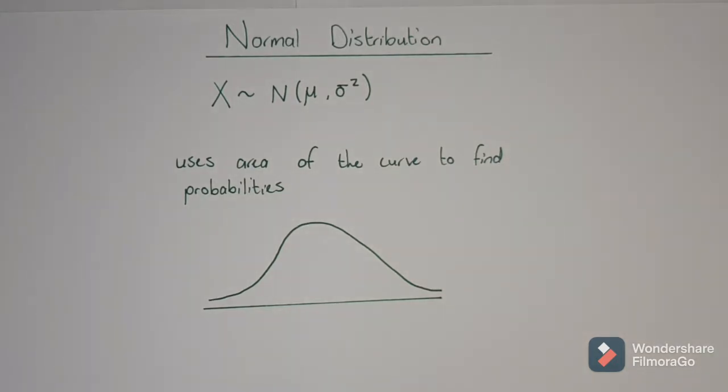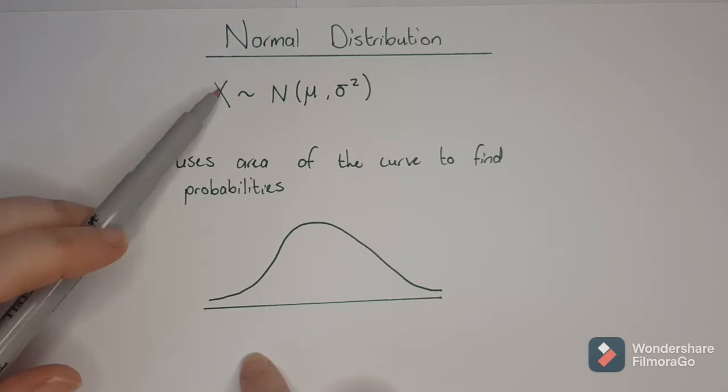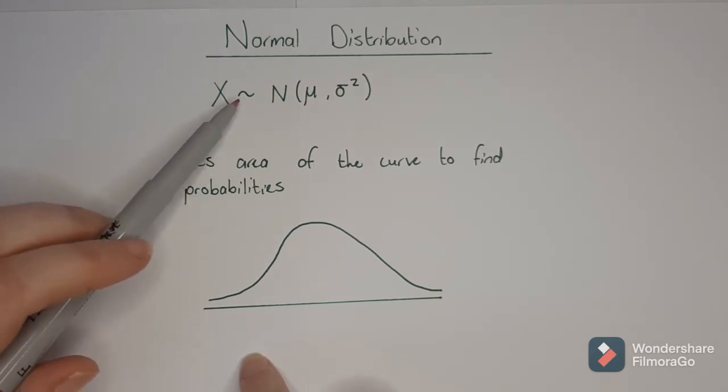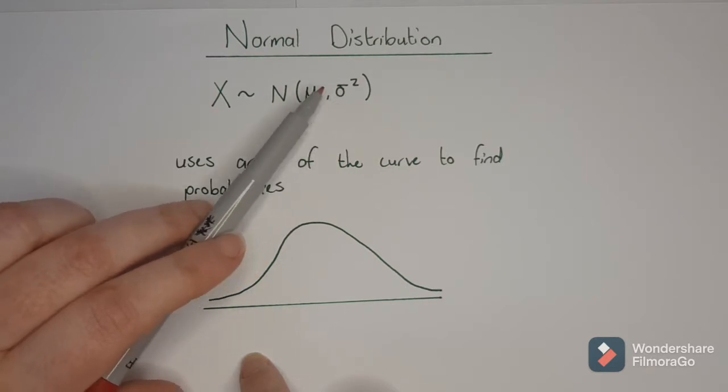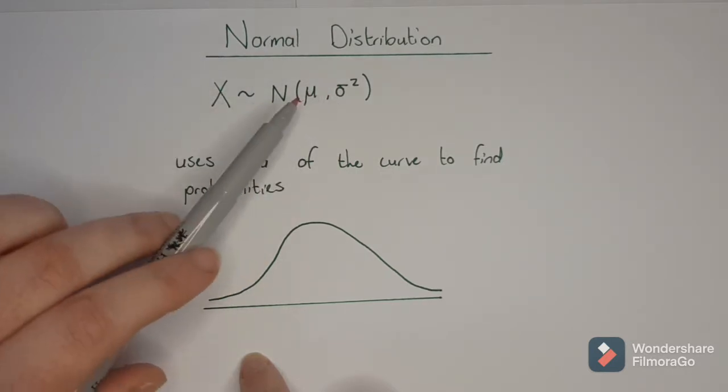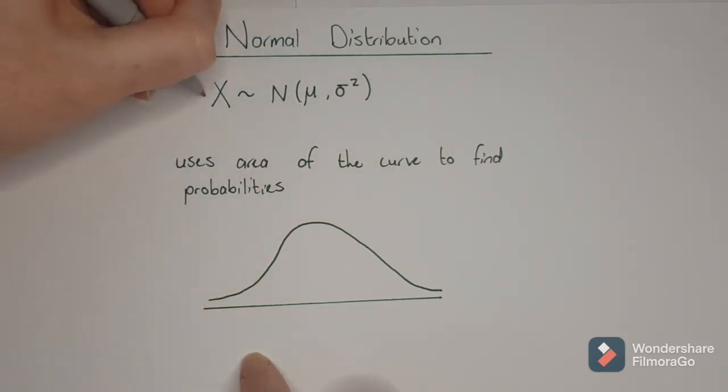Okay, so when we're learning about normal distribution, usually what you might see is the question will say this variable X follows a normal distribution, or you might see something like this where you have capital letter X with your squiggly line, capital N, and then your Greek symbols. And what this means is that X is your random variable.